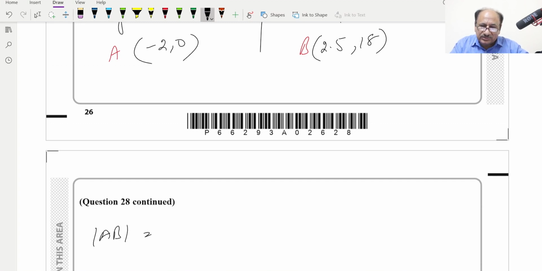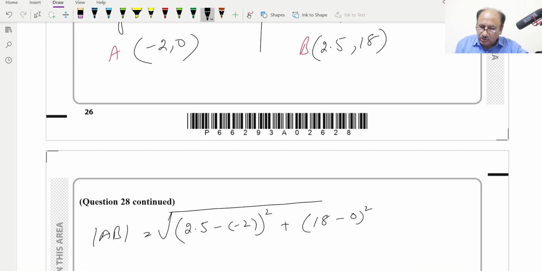x2 minus x1, which is 2.5 minus minus 2 whole squared, plus y2 which is 18 minus y1 which is 0, squared, and we have to take the square root of this.